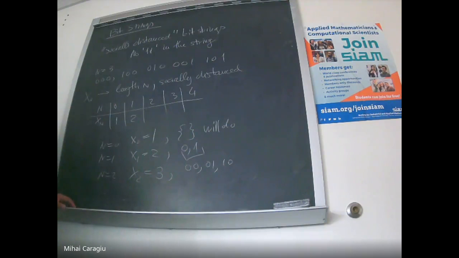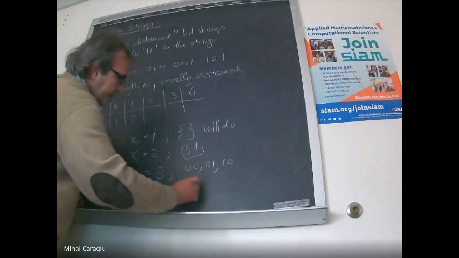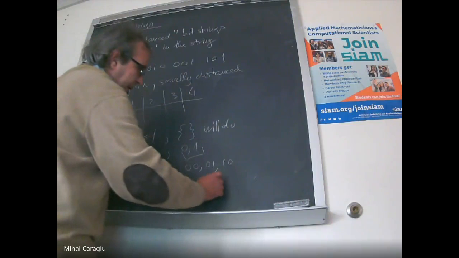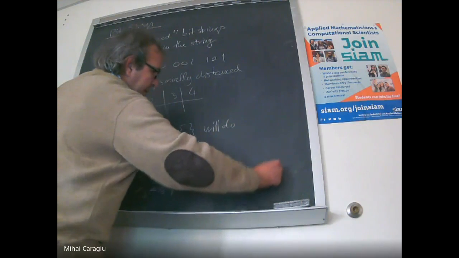So these are all socially distanced bit strings of length 2. If n equals 3, we have seen that x_3 is 5: 0 0 0, a single one will be good anywhere, 1 0 0, 0 1 0, 0 0 1, and 1 0 1.